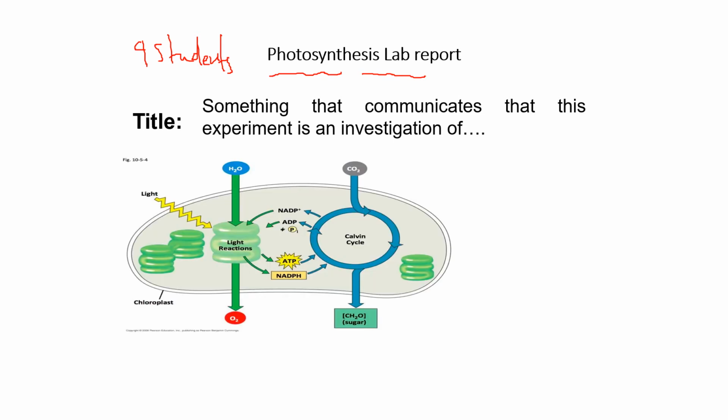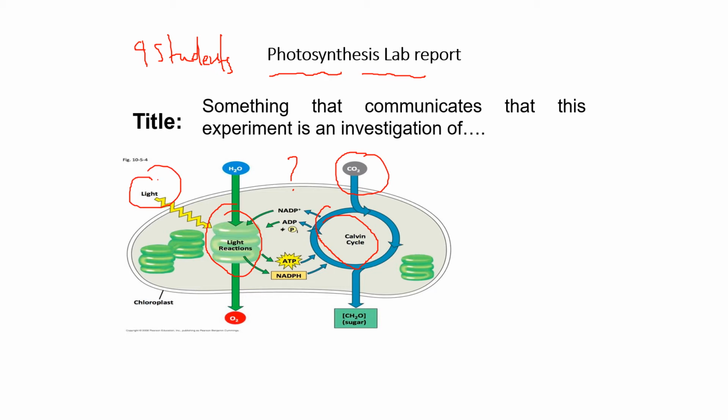The idea is that you're going to compare the light reactions and the dark reactions, the Calvin cycle, and you're going to develop an experiment to test if the CO2 is needed to produce photosynthesis, or the light reaction is necessary, or both are needed, and what is the relationship.